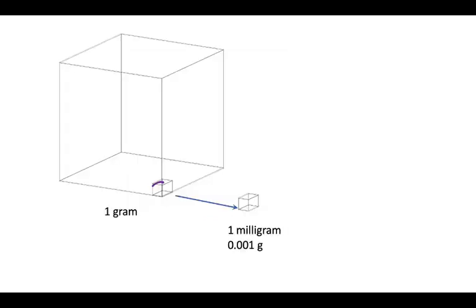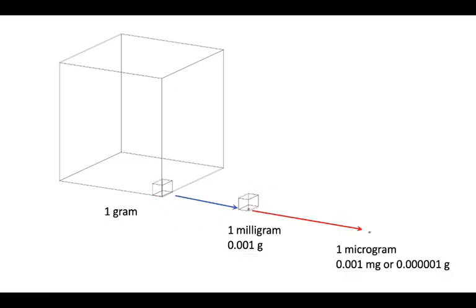If we take this small cube out of our 1 gram, it's 1 part out of 1,000 divisions that we made. We've now got 1 milligram, or 0.001 gram, but it's easier to say 1 milligram.